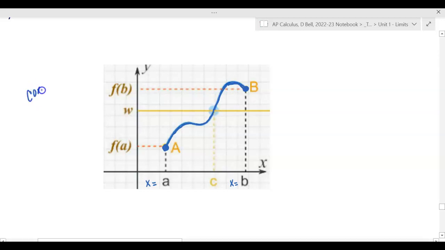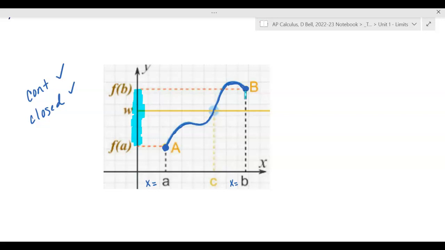So I know it's continuous and closed. Then what that guarantees is all y values in between the starting and ending y value are guaranteed to exist. Essentially, we can't get from f of a to f of b without going through all the y values.